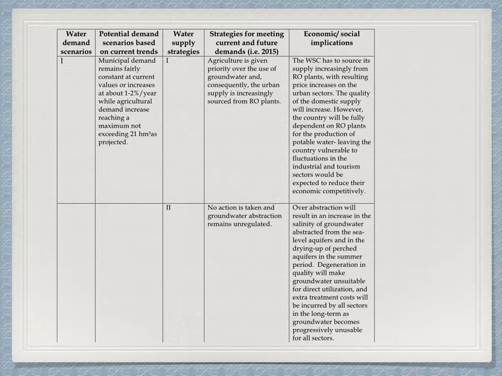The price of this water will increase with the price of energy because energy is required for water desalination. The quality of the domestic water supply may increase, however the country will be dependent upon reverse osmosis desalination plants and importation of energy and intensive energy use for creating domestic water.